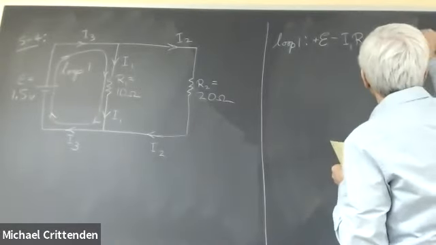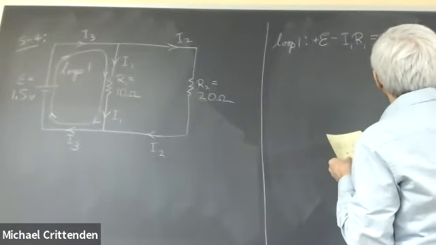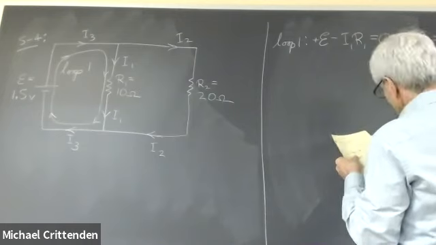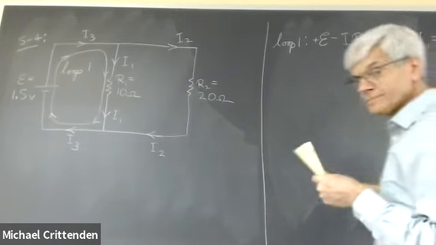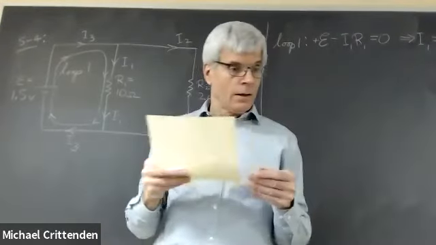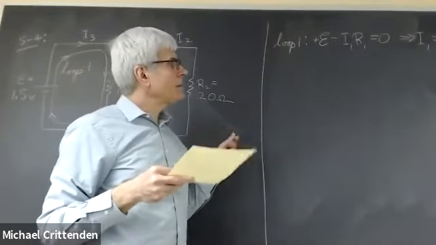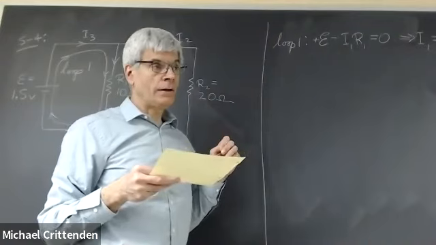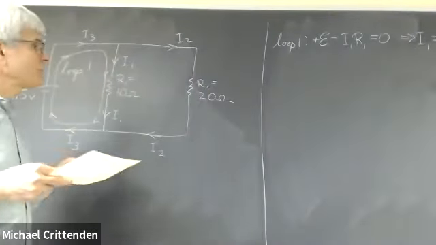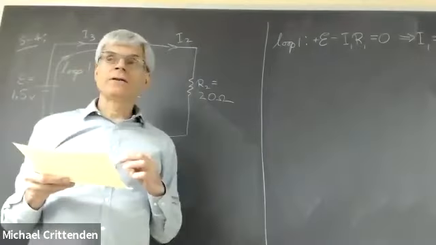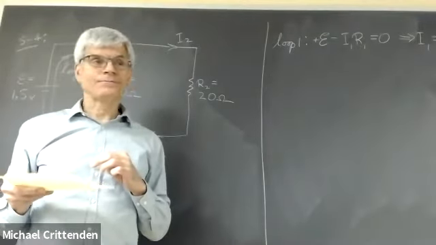Therefore, I1 equals E over R1. I have numbers for both of those things. Too bad the question asked for I3.